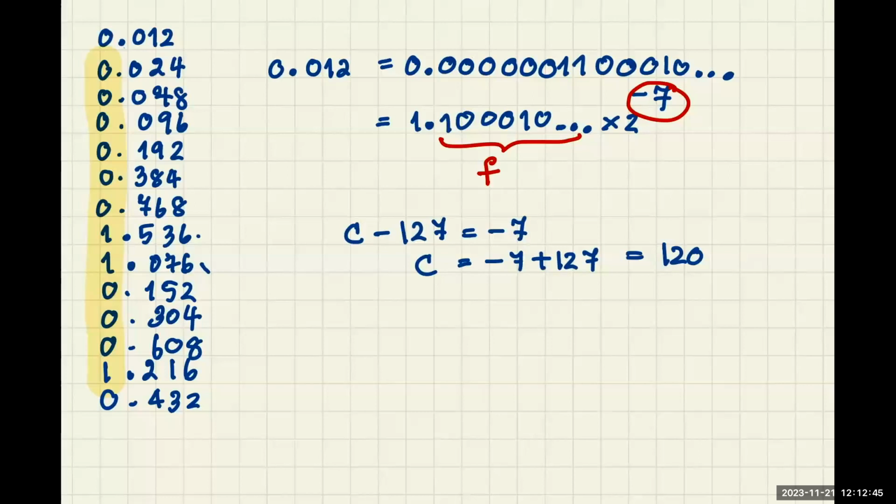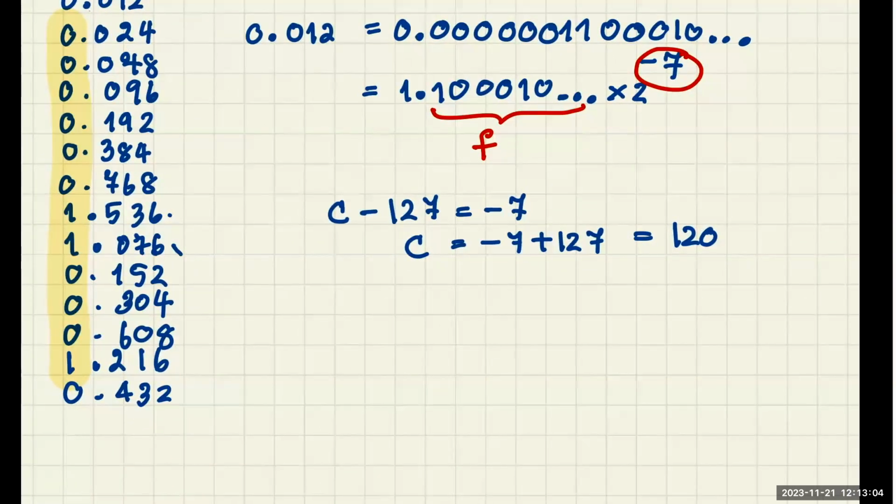If it's greater than 127, it means you have the positive sign. And the largest exponent you have is 254, right? That's the exponent up to. So C is 120, and you can write 120 in terms of base 2. You have the long list.